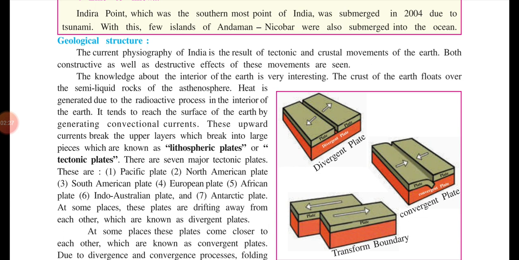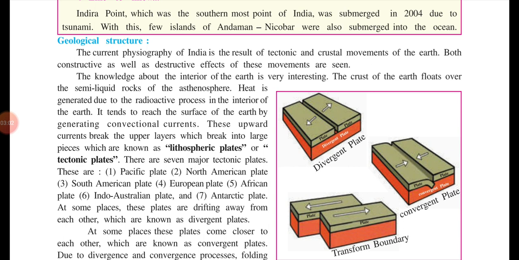It tends to reach the surface by generating convection currents. These upward currents break the upper layers into large pieces, known as lithosphere plates.